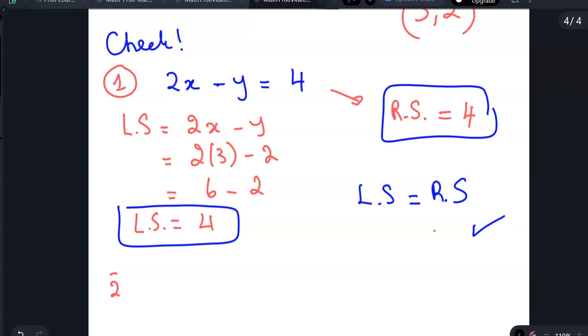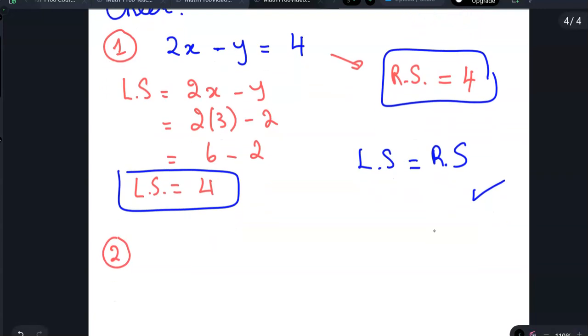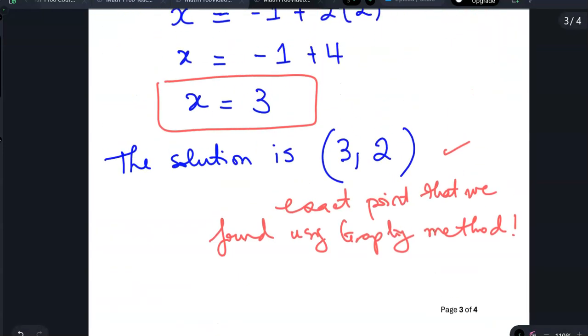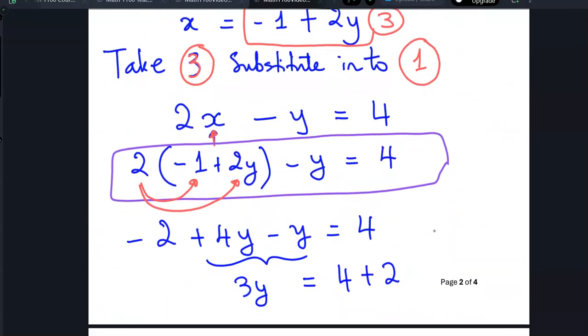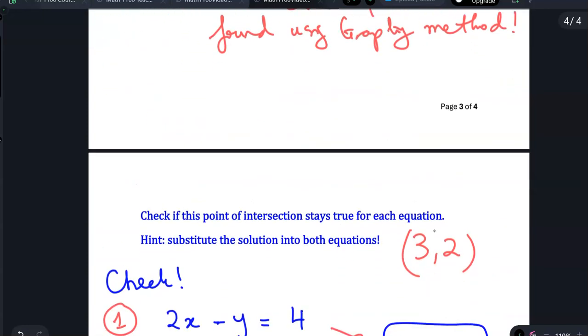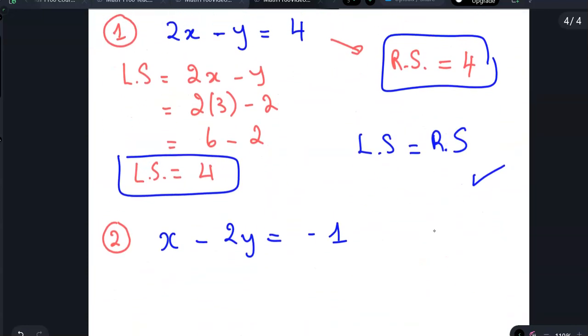Now you use the same point and substitute into the second equation to see if it's also left hand side equal to right hand side. So equation number 2 is x minus 2y equal to minus 1, right? As we labeled earlier. Then left hand side equals x minus 2y.